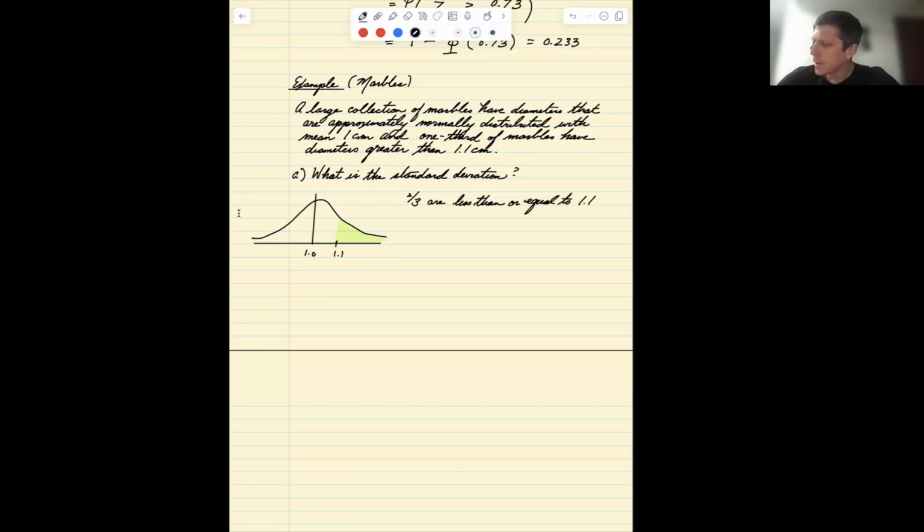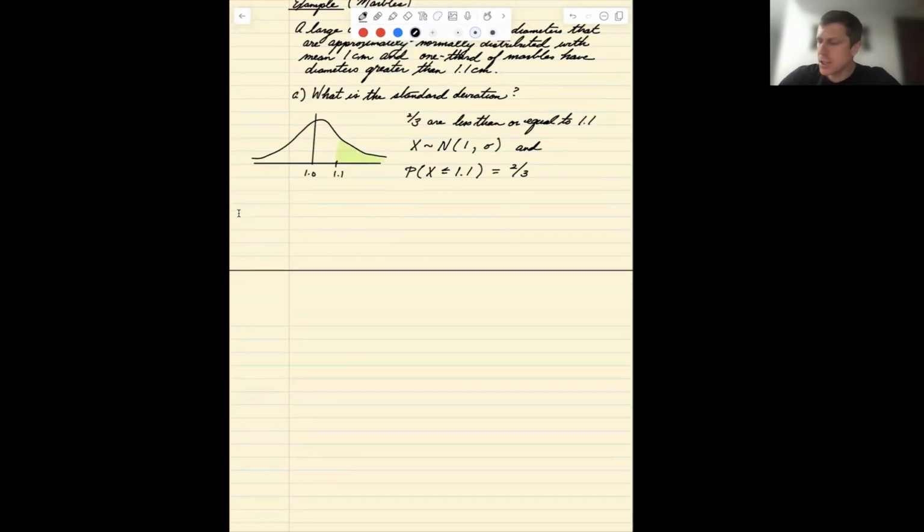1.1, right? So in this case, we're saying that X is approximately normal. It has a mean of 1, and it has an unknown standard deviation. And we've been told that the probability that X is less than or equal to 1.1 is 2/3.